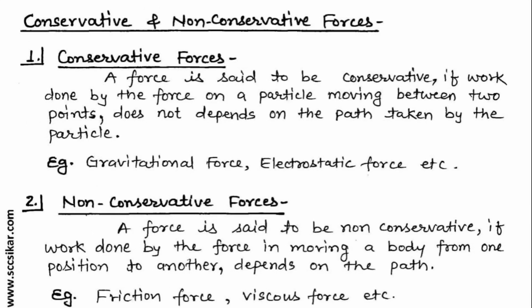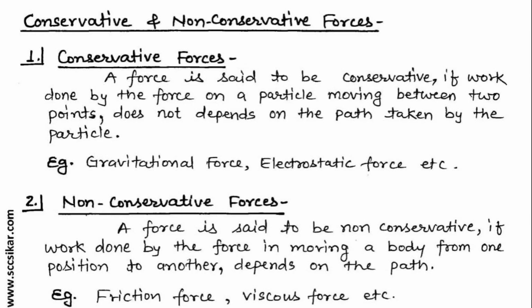There are two types of forces. One is a conservative force, another is a non-conservative force. Conservative forces are those for which the work done by the force on a particle moving between two points does not depend upon the path taken by the particle; it depends only on the final and initial positions. For example, gravitational force.